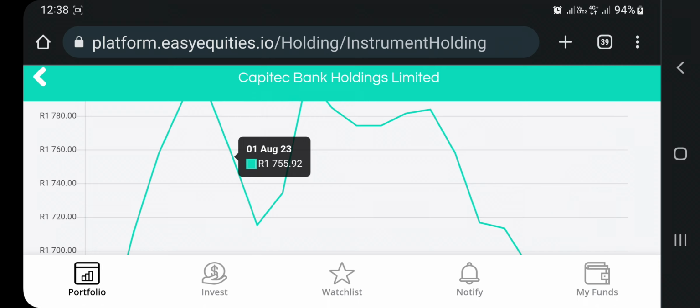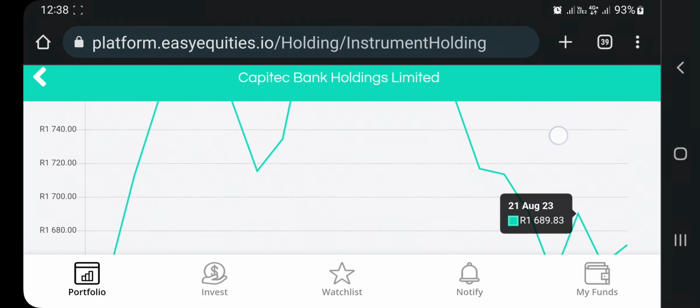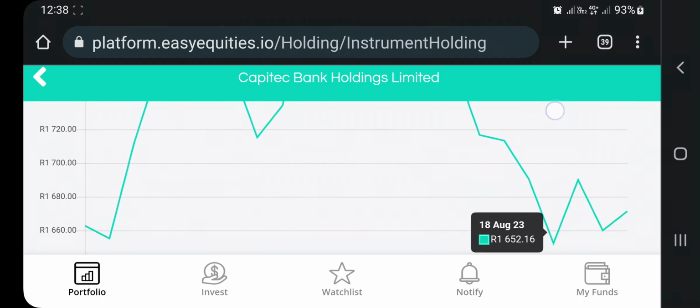Let me pause a little bit. I want to reduce the screen so that we're going to see this graph as a whole. Pause. I tried to reduce the screen, but I couldn't.